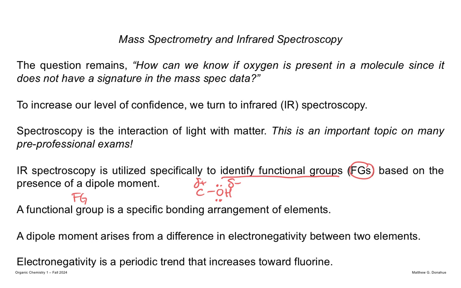And so the dipole moment is a vector. A vector is something that has a magnitude and a direction. So we use the plus sign, and then we draw an arrow to the negative sign. So the dipole moment of that bond would point towards the oxygen.